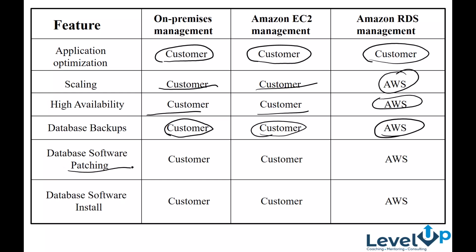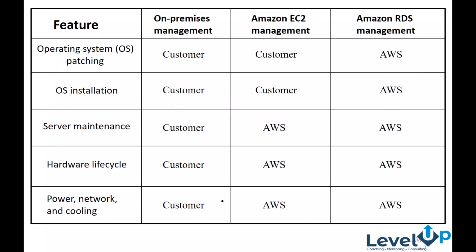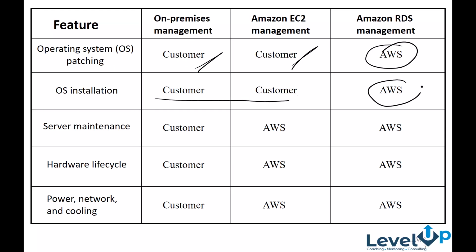Similarly, if you need to do database patching or install any database software, if it is RDS, it is taken care of by AWS. You don't need to worry about it. But if you're installing a database on an EC2 instance or on premises, it is the customer's responsibility to do the patching or install software. Now, OS patching should be taken care of by the customer in the case of on premises or EC2. But in the case of RDS, Amazon will take care of it. OS installation, same thing.